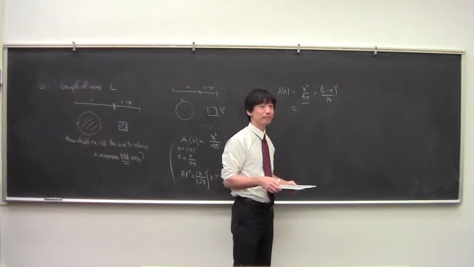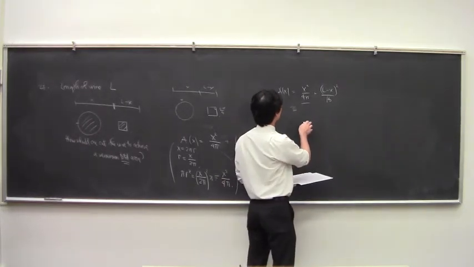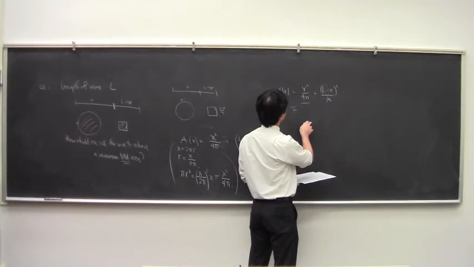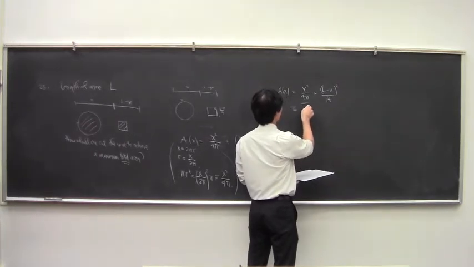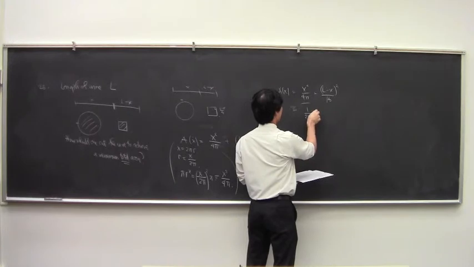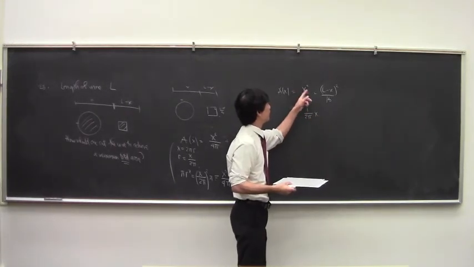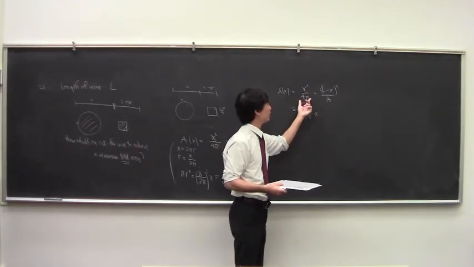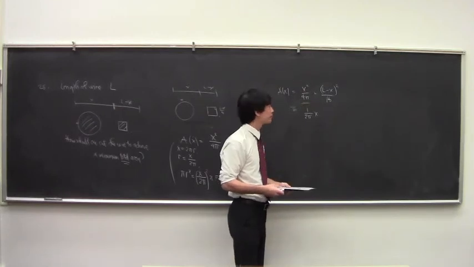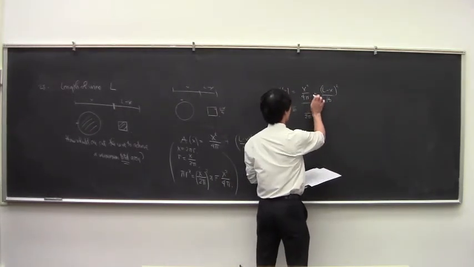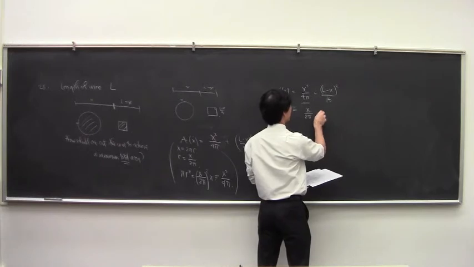Michelle. So it's 1 over 4 pi times 2x. Yeah, so you get 2x over 4 pi, which is x over 2 pi.